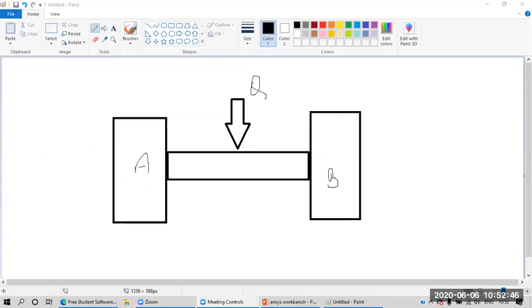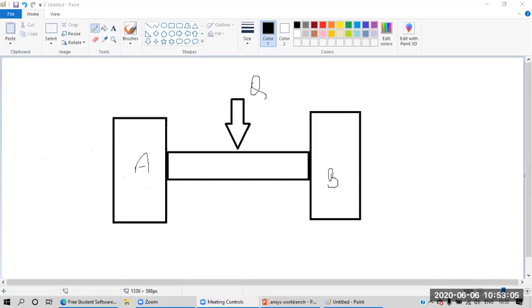Okay, so you do have the knowledge about CAD, computer aided design, right? So in which category does ANSYS come? Okay, I am giving you a hint.